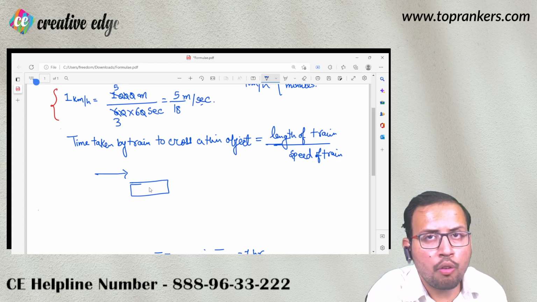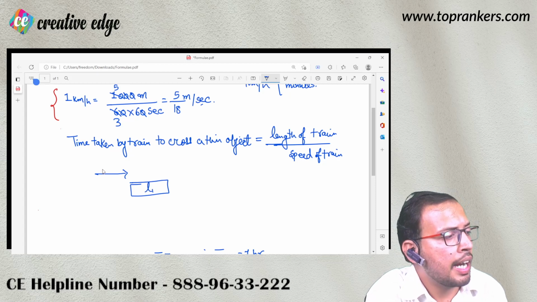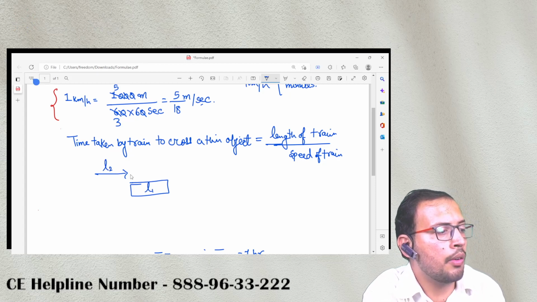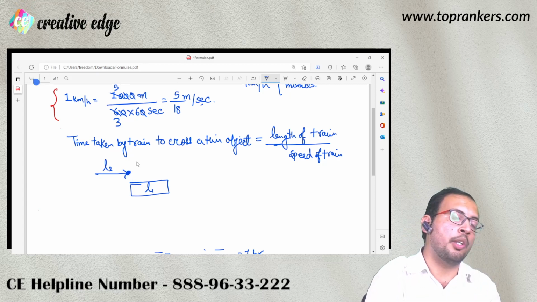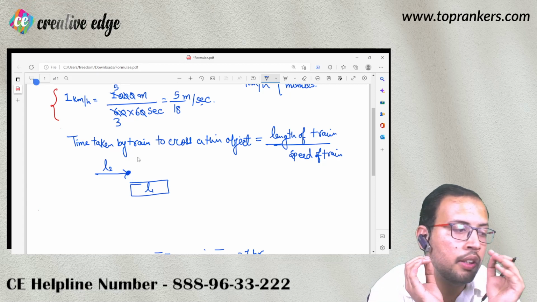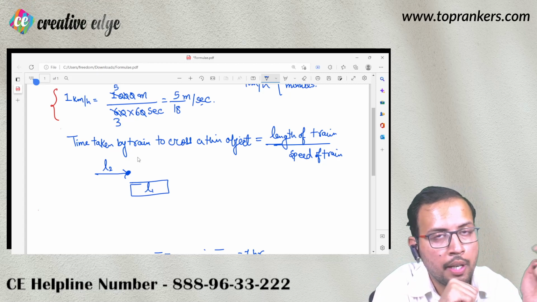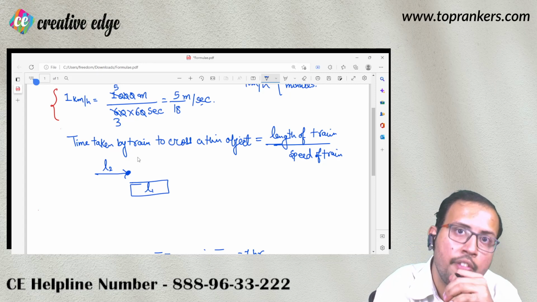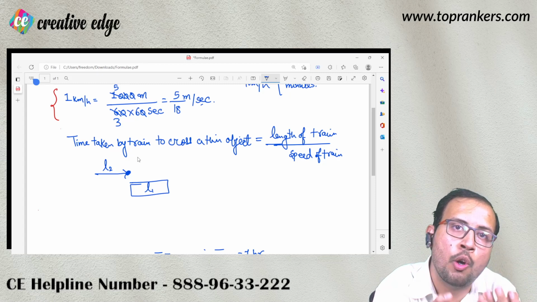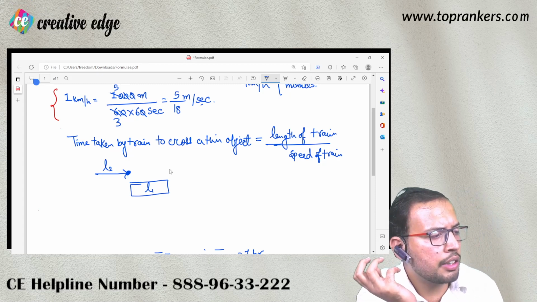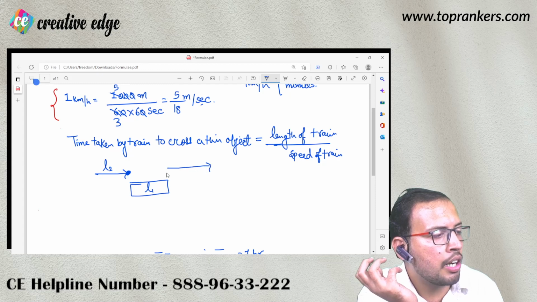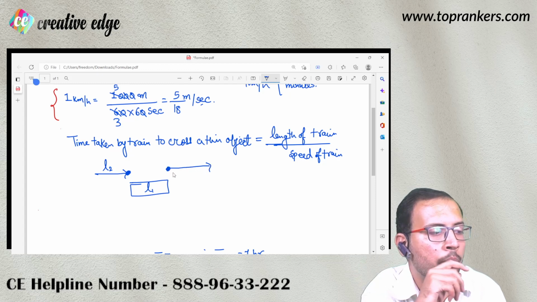So let us say length of platform is L1 and length of train is going to be L2. Now train is at this point, or to be more appropriate, the engine of this train is at this point, that is at the starting point of the platform. अब यहाँ से ट्रेन चलना स्टार्ट करती है. तो when we will say that this train has crossed the platform, again the same case would be going to be there, that when your last bogie crosses the platform.